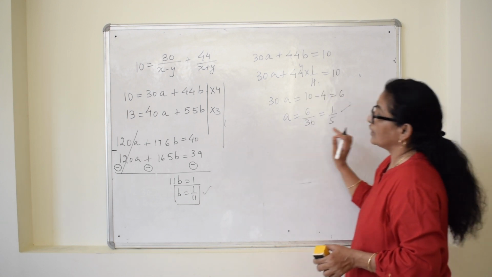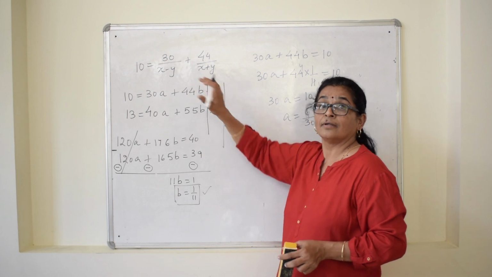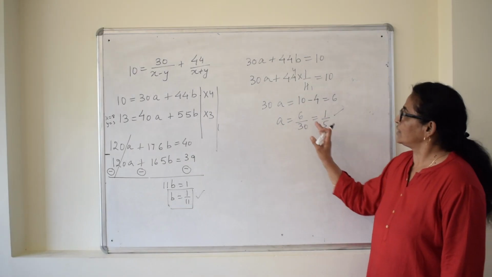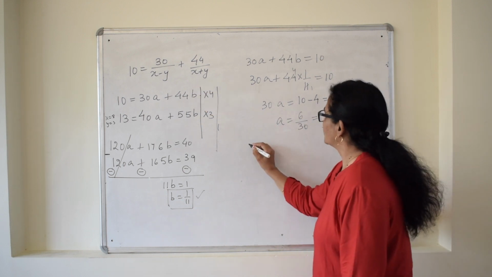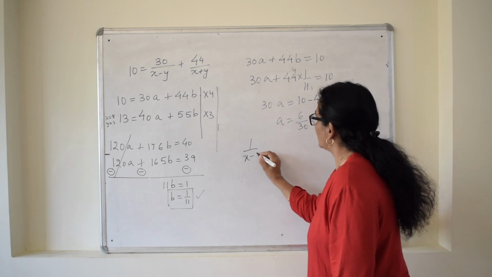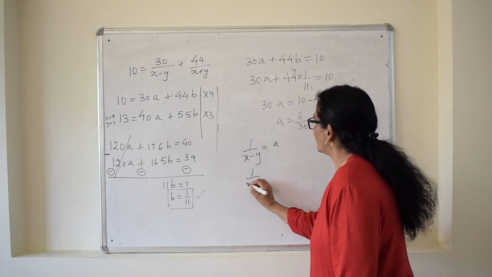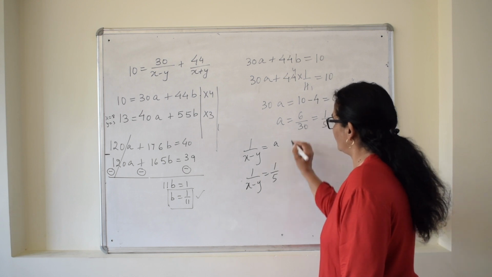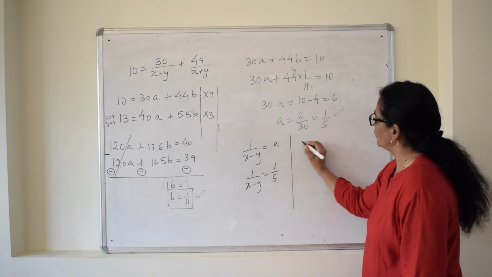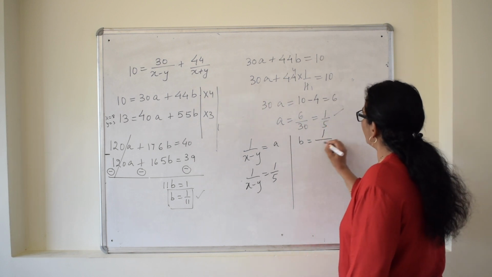Now these are the values of a and b, but in our question it was x and y. So a is equal to 1 upon 5, that we will equate by the assumption. So 1 upon x minus y was a. So here 1 upon x minus y is equal to 1 upon 5. Similarly, the value of b, assumption was 1 upon x plus y.